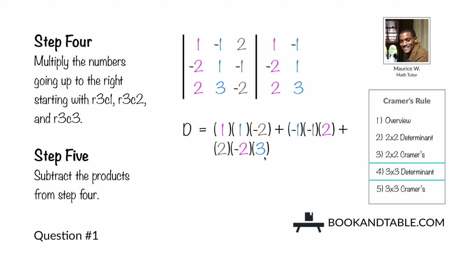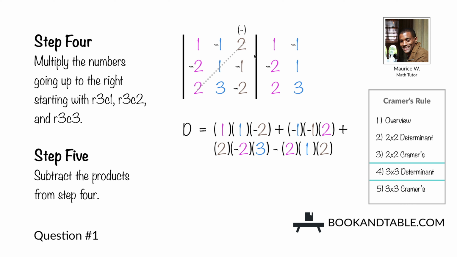Step 4, multiply the numbers going up to the right, starting with R3C1. So that would be the third row, first column, which is positive 2. And then we're going to subtract the products from this step. So if we're multiplying going up to the right, we have 2 times 1 times 2.